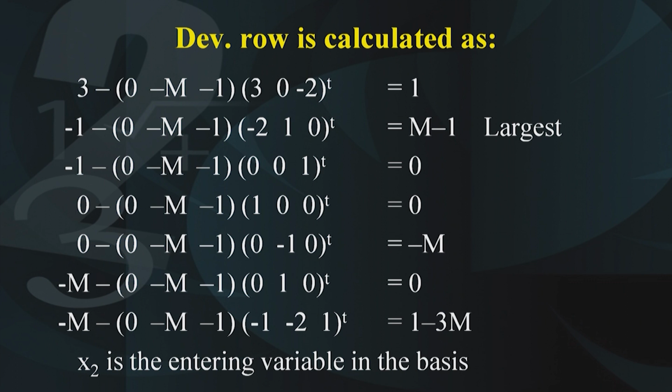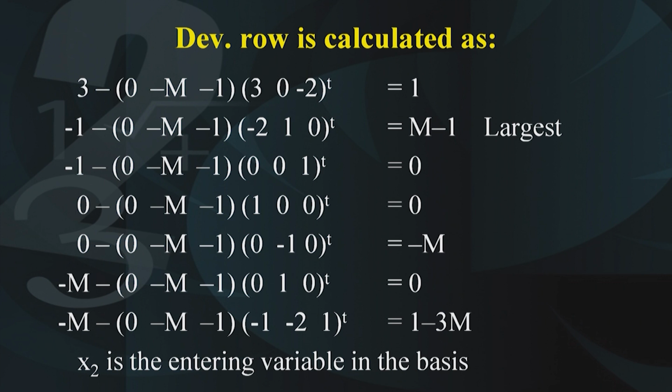Next one is 0 minus 0 minus m minus 1 multiplied by 0 minus 1 0, which comes out to be minus m. Minus m minus 0 minus m minus 1 multiplied by 0 1 0, which comes out to be 0, and the last one is minus m minus 0 minus m minus 1 multiplied by minus 1 minus 2 1, which comes out to be 1 minus 3m.